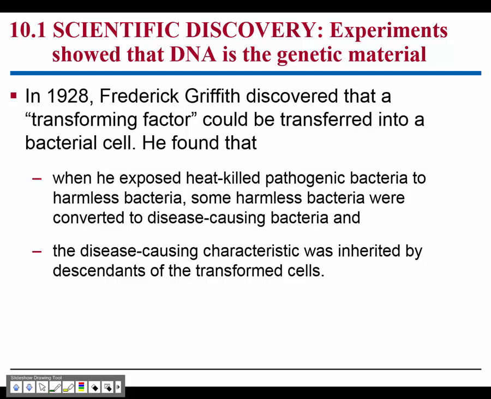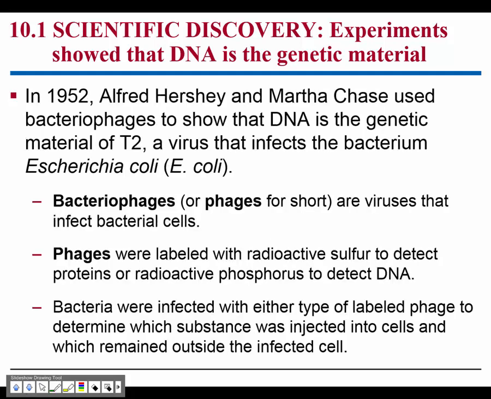So how did these heat-killed bacteria turn harmless bacteria into disease-causing bacteria? The disease-causing characteristic was inherited by the descendants of the transformed cells, so they were able to pass it on. He showed there was some sort of heredity going on, some sort of transfer from the heat-killed bacteria to the regular bacteria that then became hereditary.